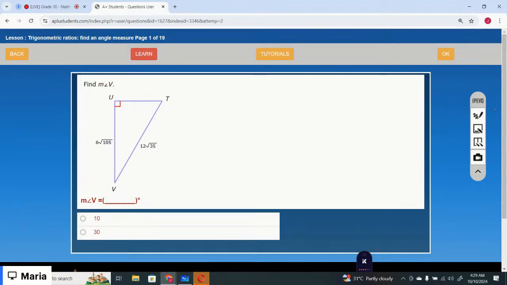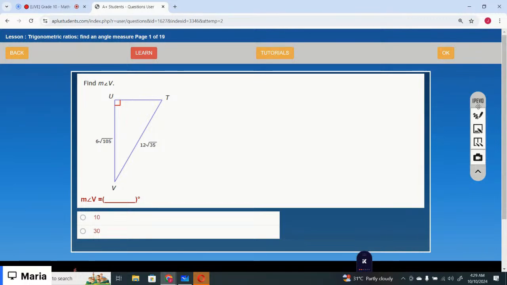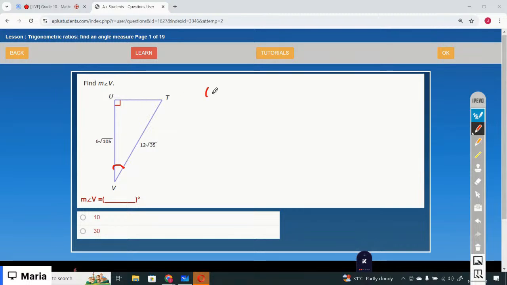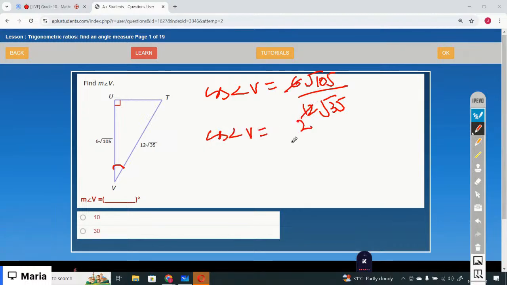So let's evaluate the measurement of angle B, right? Here is angle B. So we have to do cos of angle B, right? So cos of angle B is 6 square root 105 divided by 12 square root 35. 6 times 1 is 6 and 6 times 2 is 12.